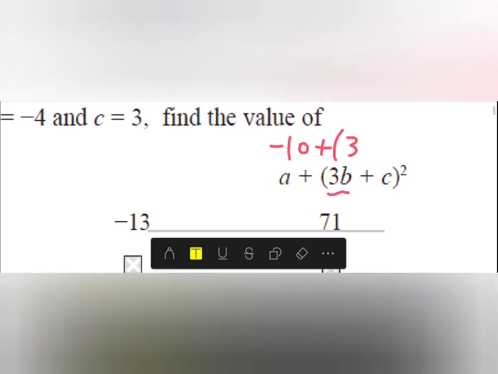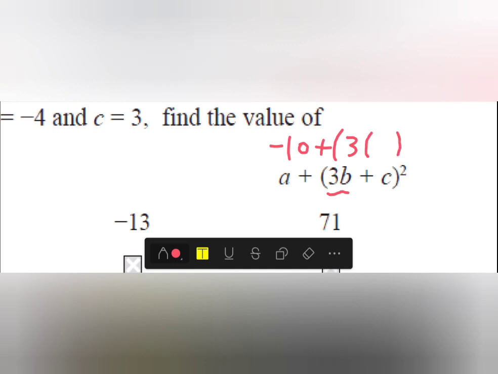It's negative 4. Very good. So 3 is multiplied by negative 4. We can put it inside a bracket like this. And then plus C, which is 3. So plus 3. And then we close this bracket and we put the square on top of it.